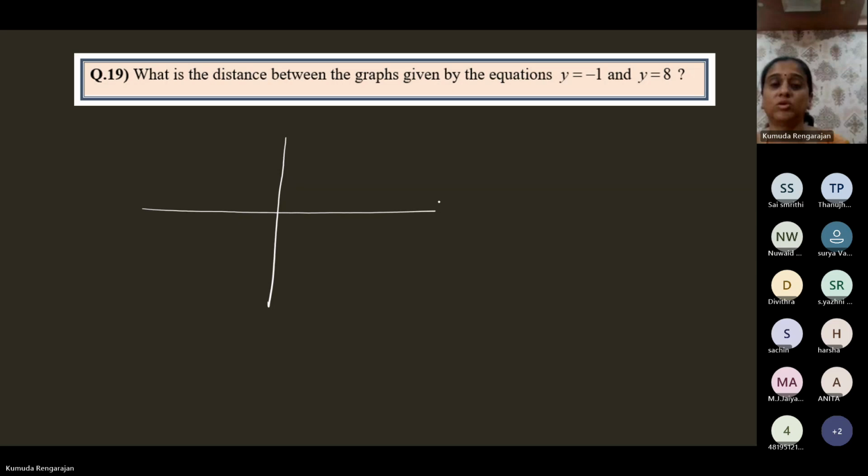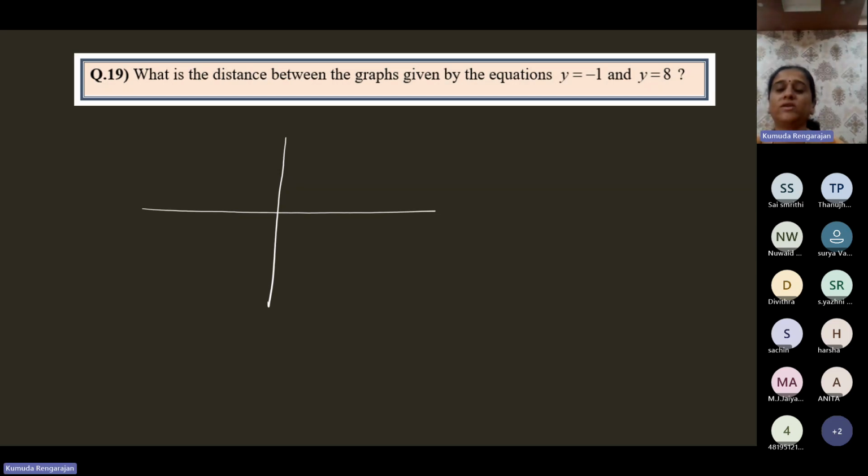Now, you'll have to use your theoretical knowledge to answer this. Now, y is equal to a number. Y is equal to a constant will be a line parallel to the x-axis. And it's -1, so it is below the x-axis.